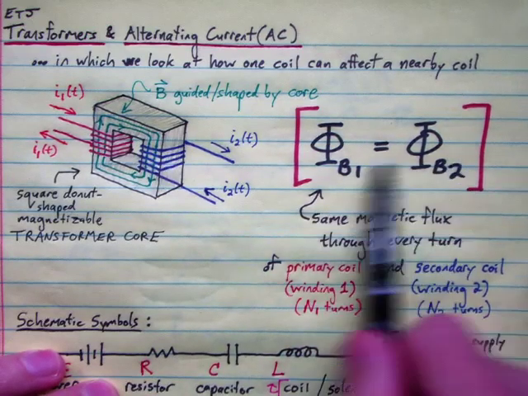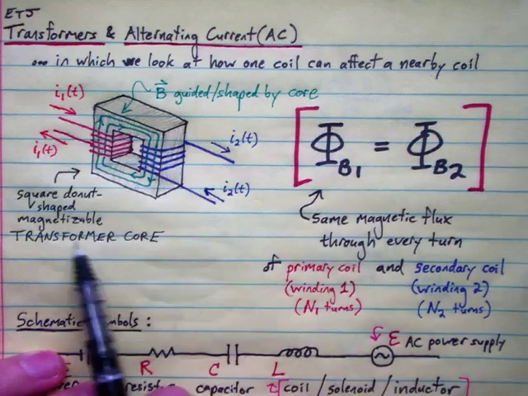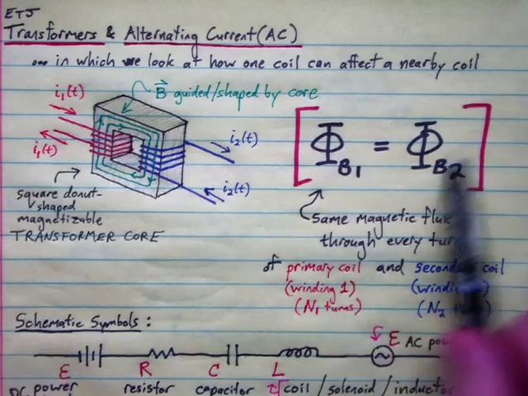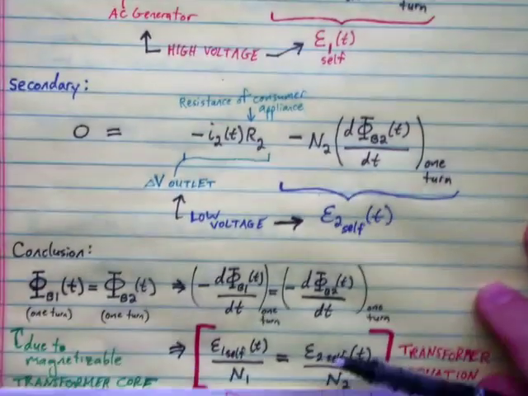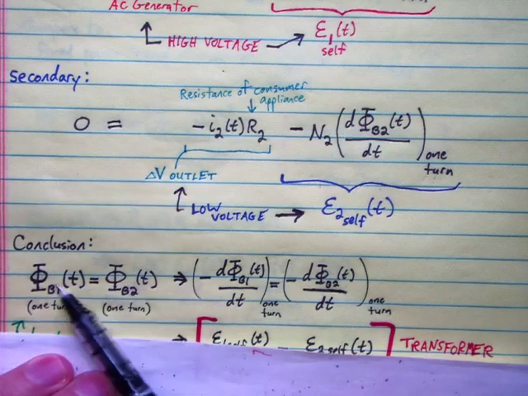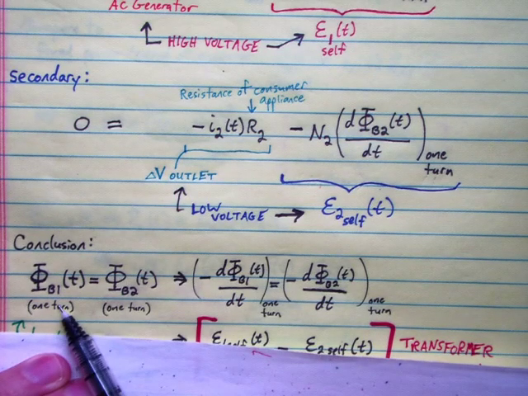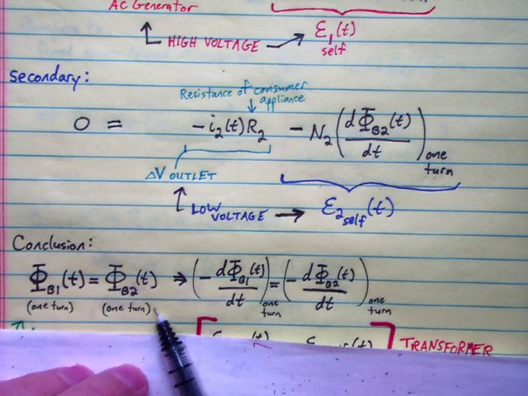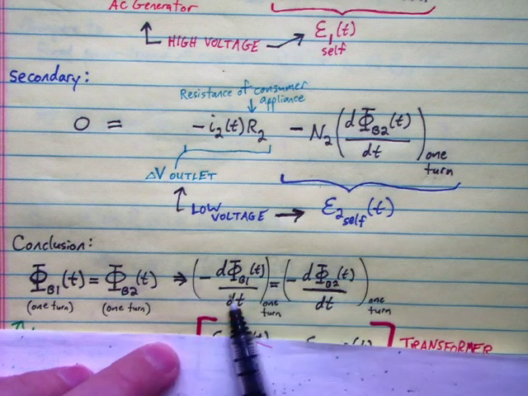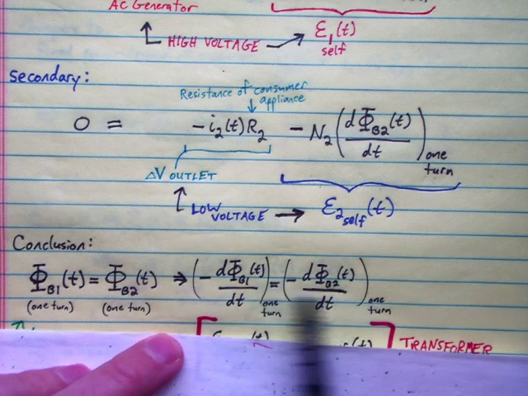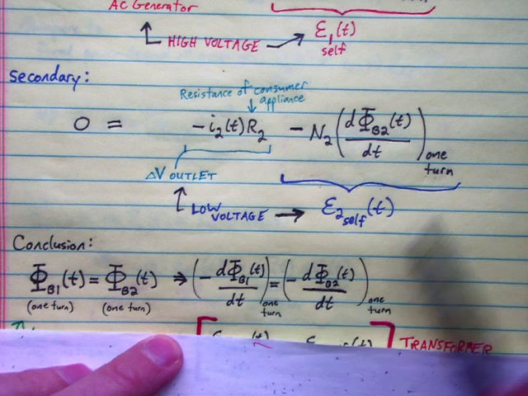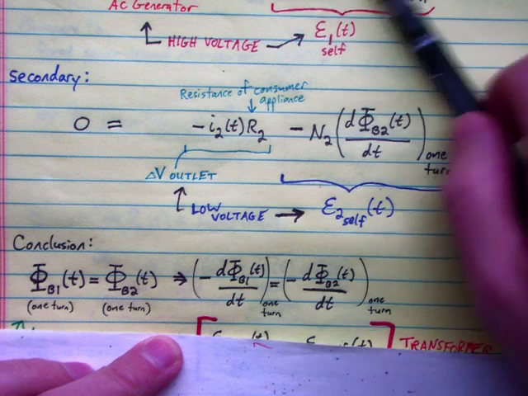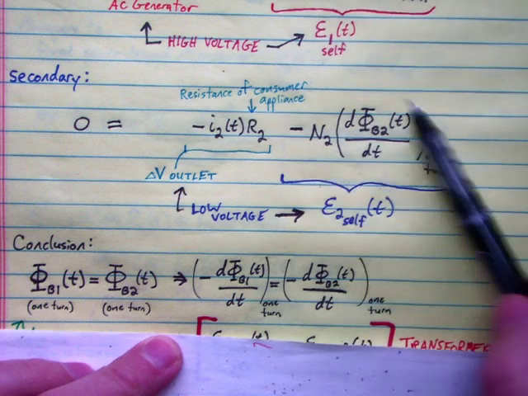If those two fluxes are always the same, thanks to our transformer core guiding the B-field lines, the flux through one turn in the primary coil and through one turn in the secondary coil, then the rates of change of those fluxes are also equal at all times. So we're saying that this minus d phi dt here equals this minus d phi dt here.